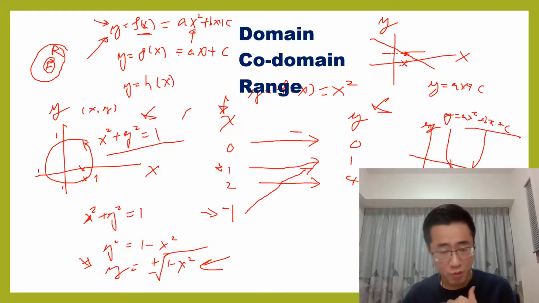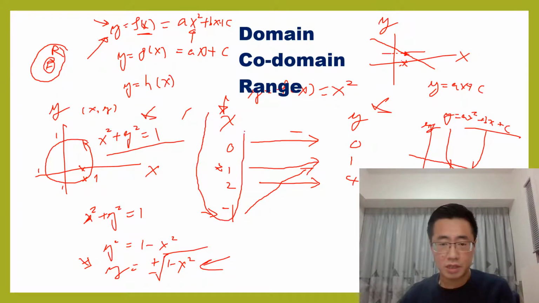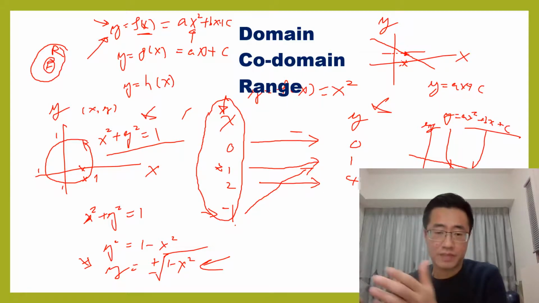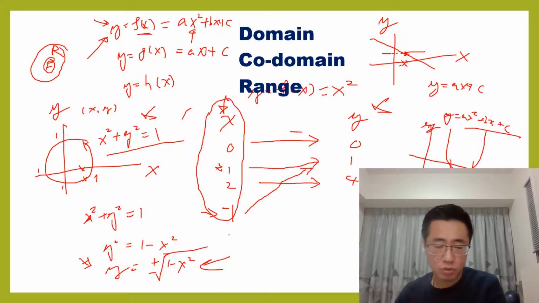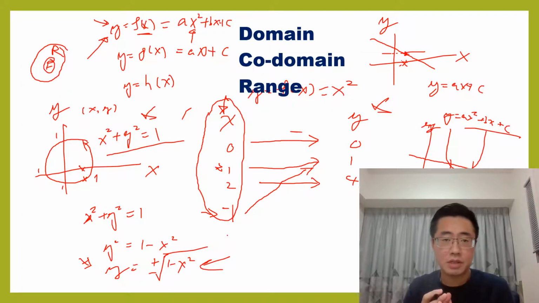Say for example, when you go back to our simple example here, we look at the column here, the values here correspond to what we call the domain, but actually they are just a few real values we picked for illustration. Actually, it can be extended to different real values like -2, -10, or -1.1, say for example. This is the domain, or say this is a set of values as an input to the function.